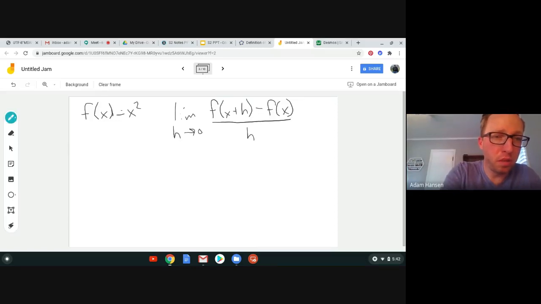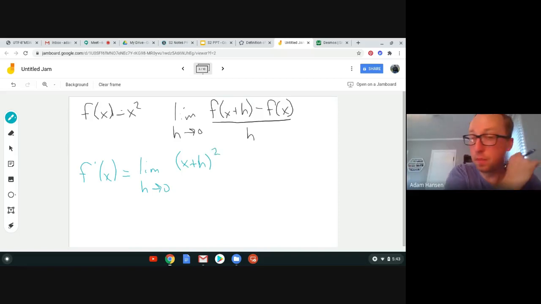So our derivative, f prime of x, equals the limit as h goes to 0 of x plus h squared.